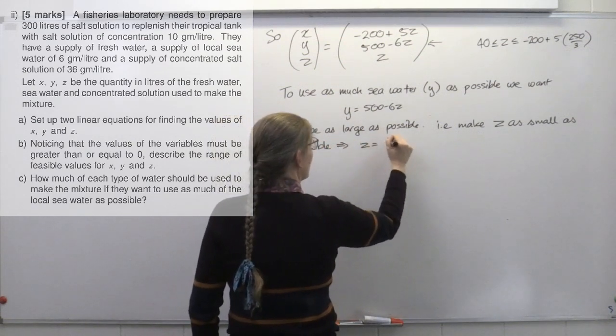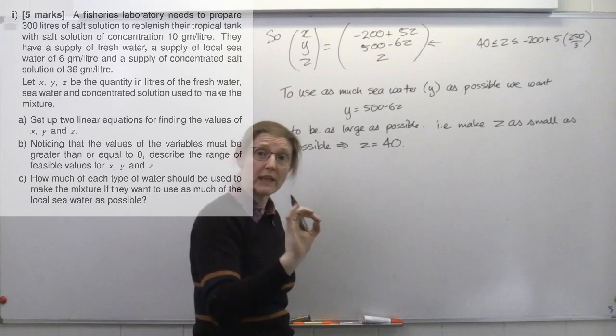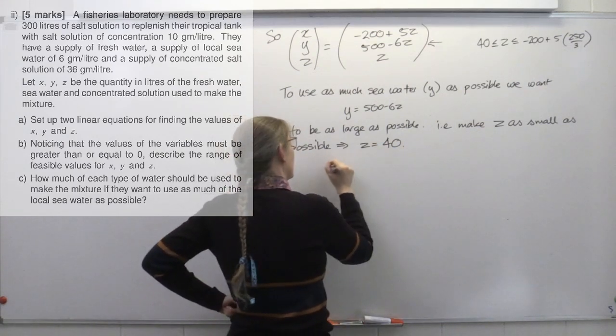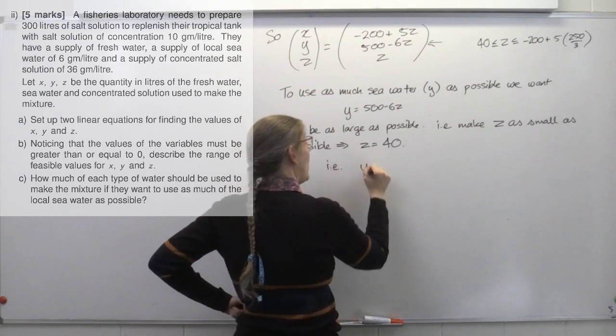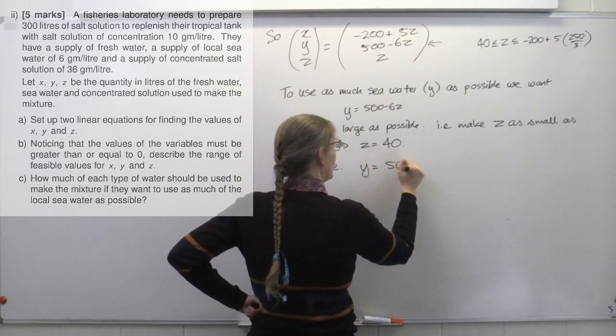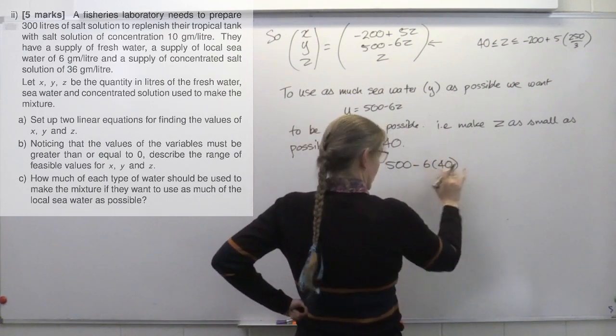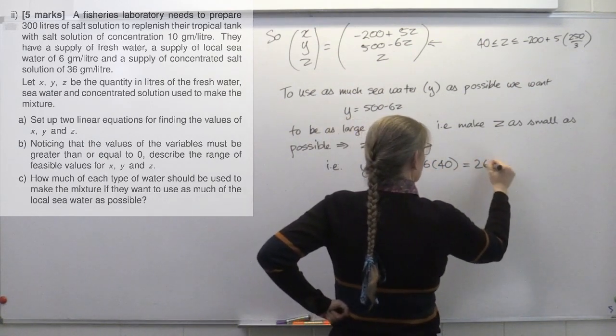Z is going to be on that lower end, 40. Okay, so y is going to be 500 minus 6 times 40, that's 240, so that's 260.